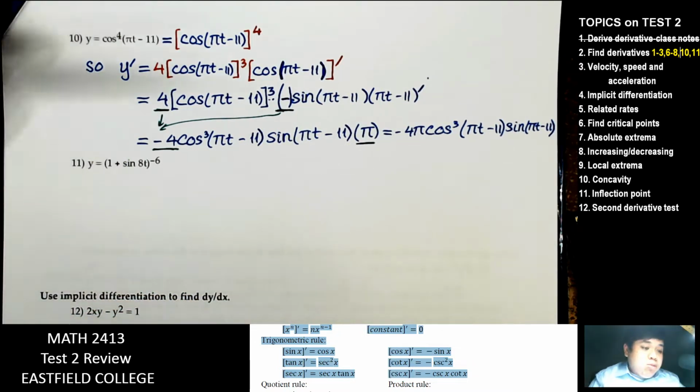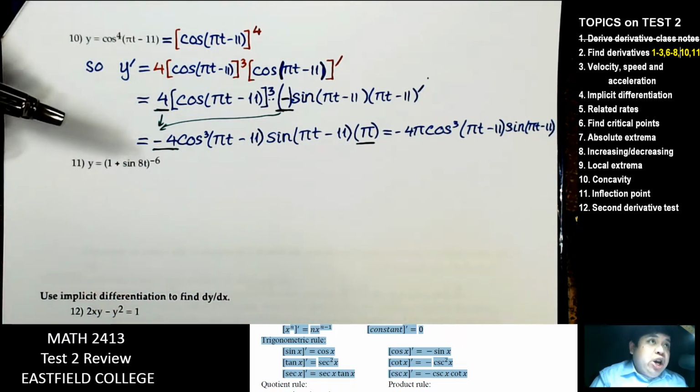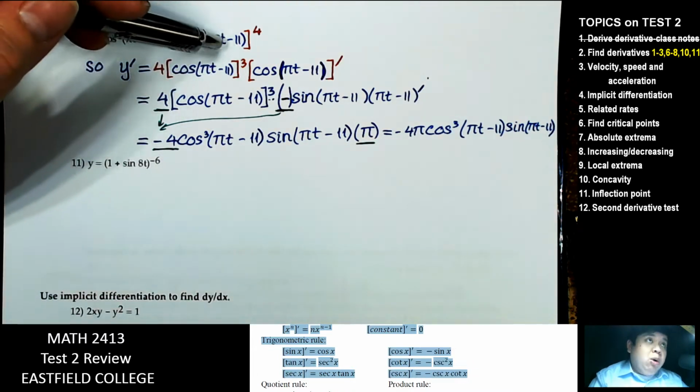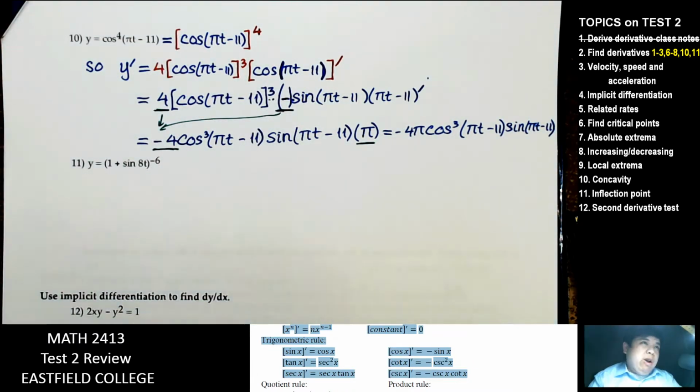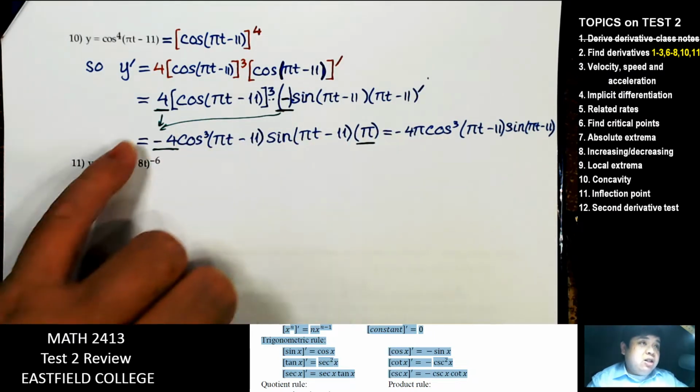For this problem we have to use the chain rule twice, in the form of the bracket and then in the form of the parentheses. All of them just multiply all together, it's just one term.